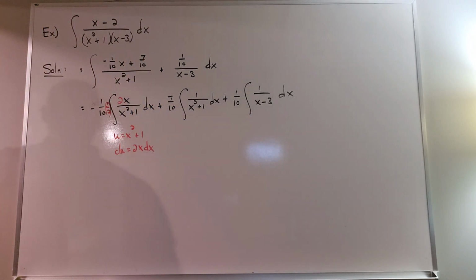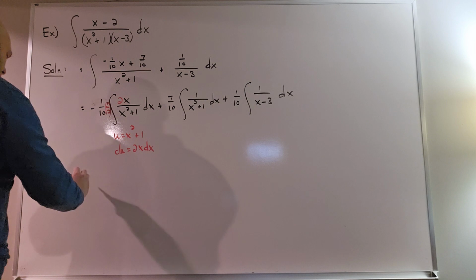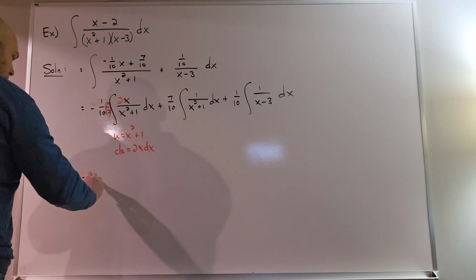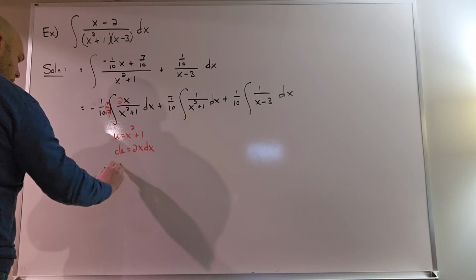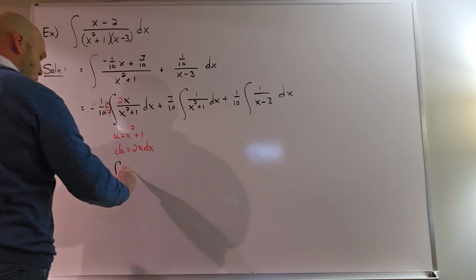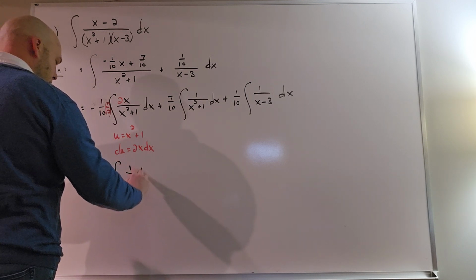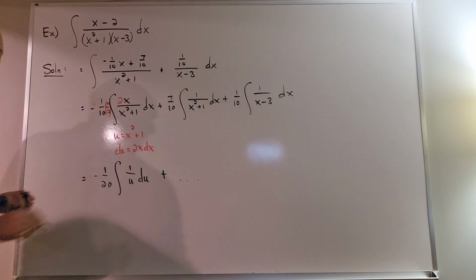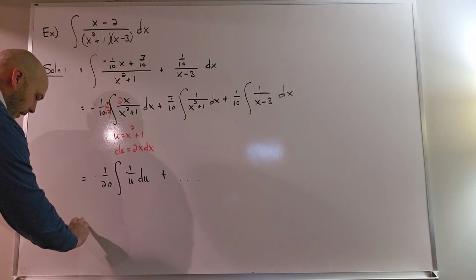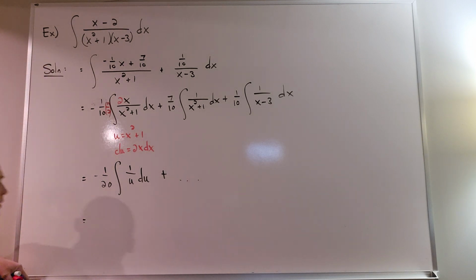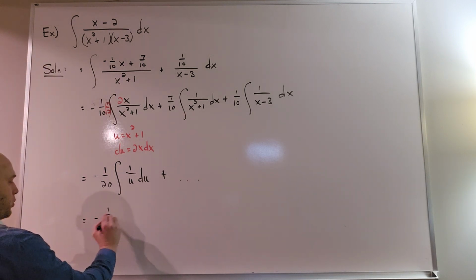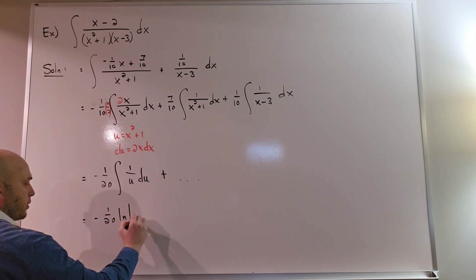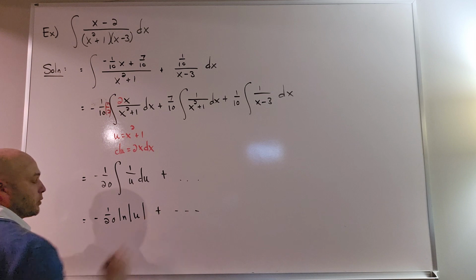Okay, so then I go ahead and integrate this. I'm going to get, first and foremost, this first integral, negative 1/20th integral of 1 over u du plus, I'm just going to say dot, dot, dot, just so I don't have to rewrite that. And then we go to the next line. I'm going to get negative 1/20th. 1 over u would give me the natural log of the absolute value of u plus those other integrals.